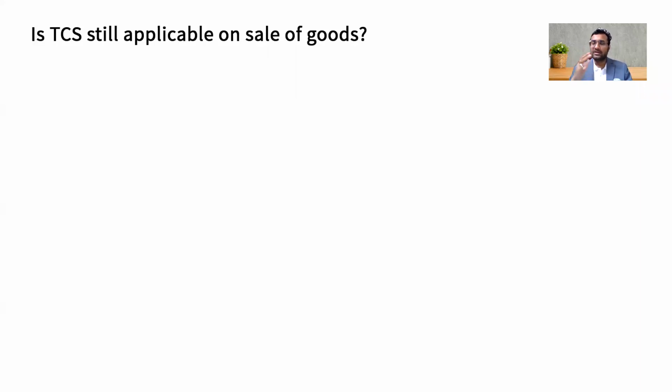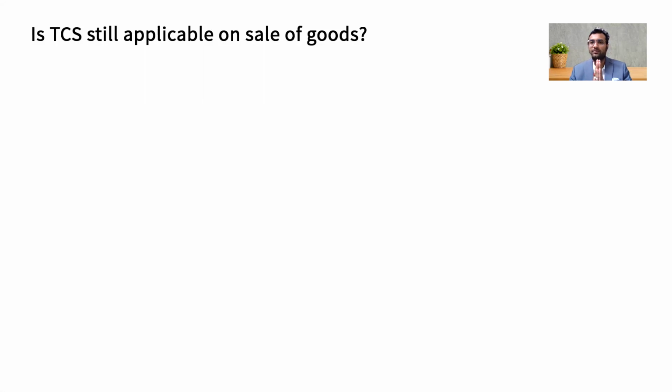Suppose a seller is selling goods to a person and the seller's turnover in the preceding financial year is more than 10 crores. At the same time, the goods which he is selling to you are more than 50 lakh rupees. Then the seller has to collect from you 0.1% of the value of the goods which is more than 50 lakh rupees, right?